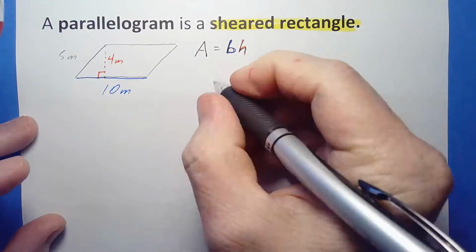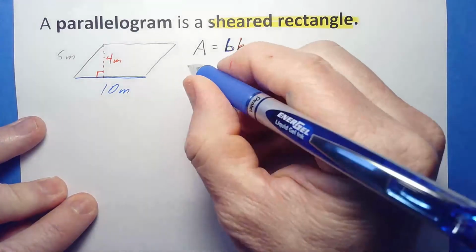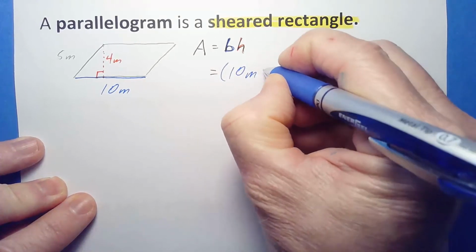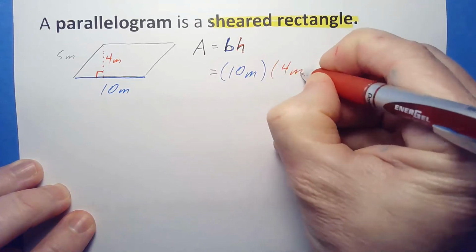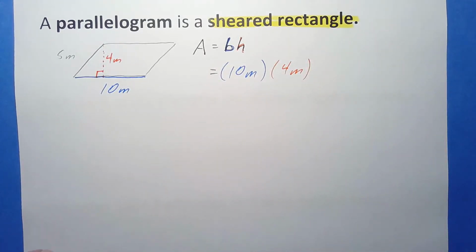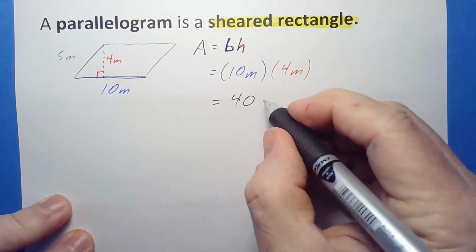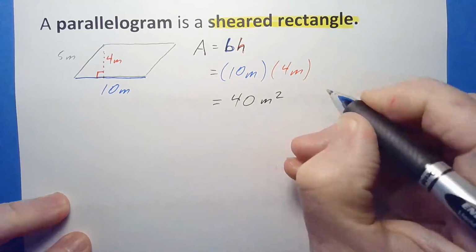In other words, the area for this particular parallelogram is 10 meters times 4 meters. When we work it out, that's going to be 40. And the units, remember, meters times meters, so it's meters squared.